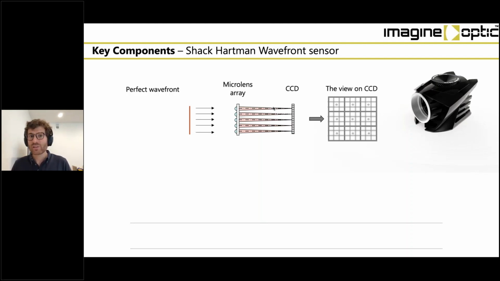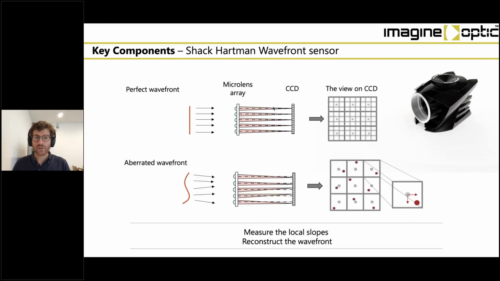Regarding the detector, this is called the wavefront sensor, and we're using a Shack-Hartmann wavefront sensor. It's a very, very broadly used piece of hardware. It basically consists of a CCD camera with a microlens array on top of it. As you can see here, in the case of a perfect wavefront, each microlens will focus the local wavefront onto the CCD camera.